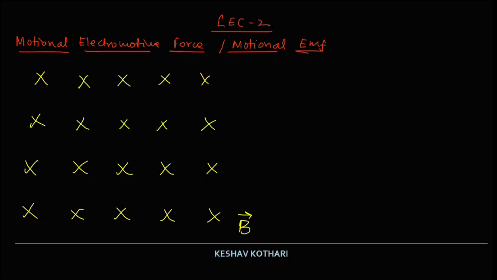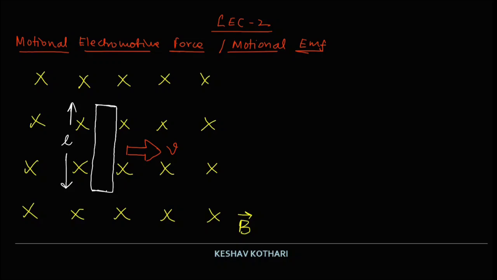Now if we place a conductor like this, having a length L, and if we consider that this conductor is moving with a velocity v, we consider the direction of v cross B. Why?